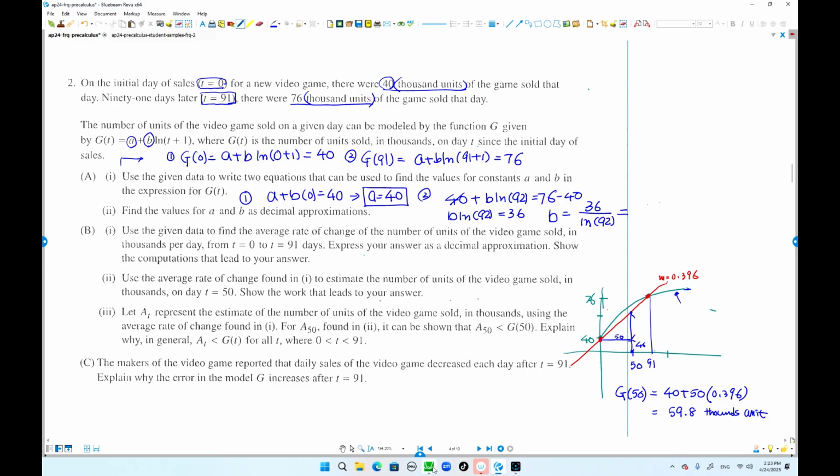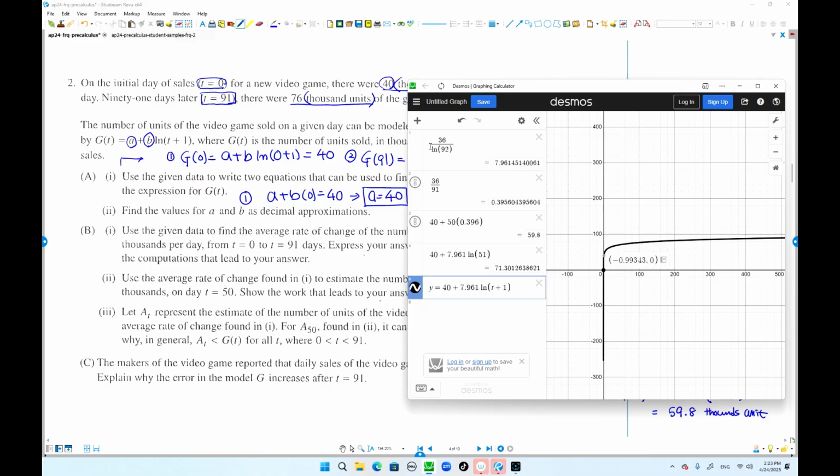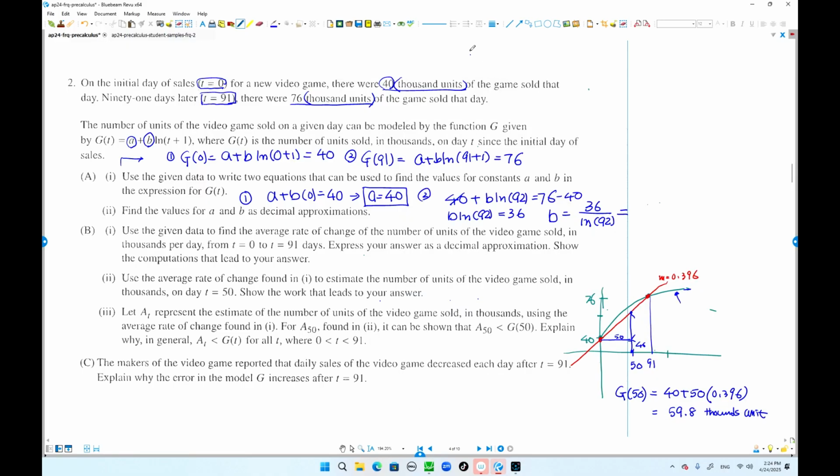So we can see 36 over ln 92 is equal to 7.961. Three decimals is enough, right? This is in thousands. Maybe you can use up to 6, but 3 decimals is okay too, I think. 7.961, that is the value of b.